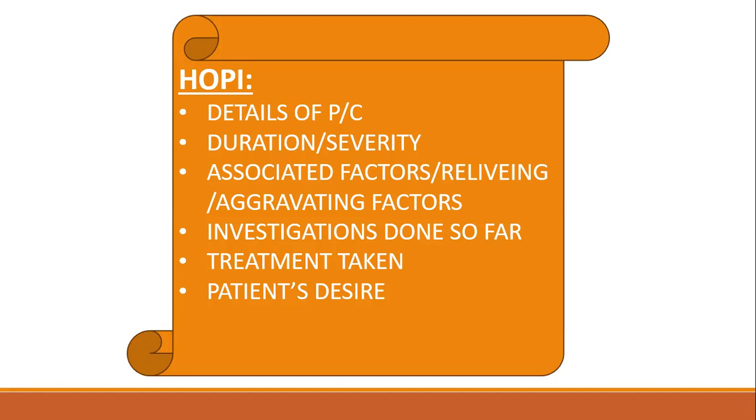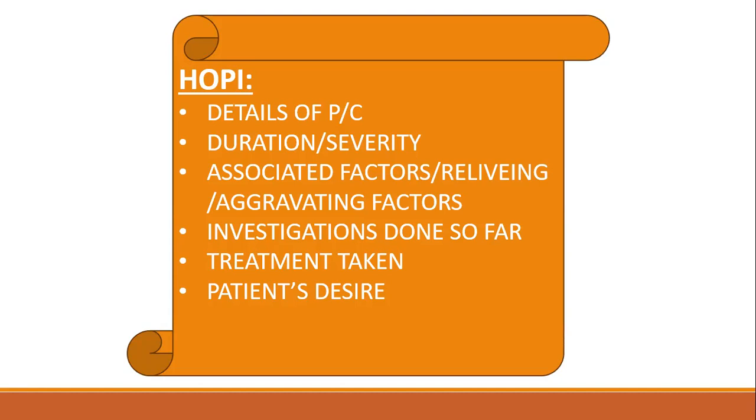While completing the details of the presenting complaint, you should focus on the next part of the history of presenting illness, which includes investigations done so far. Ask the patient what investigations have been done, what investigations are pending, and then ask what treatment she has taken or what she has been treated with in the ward or emergency up till now.